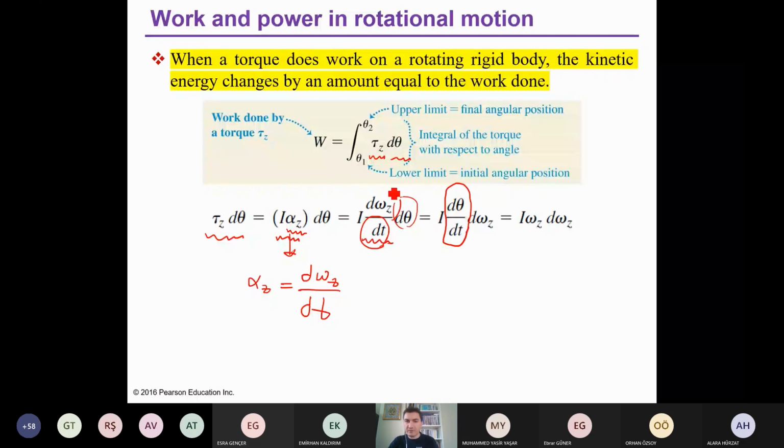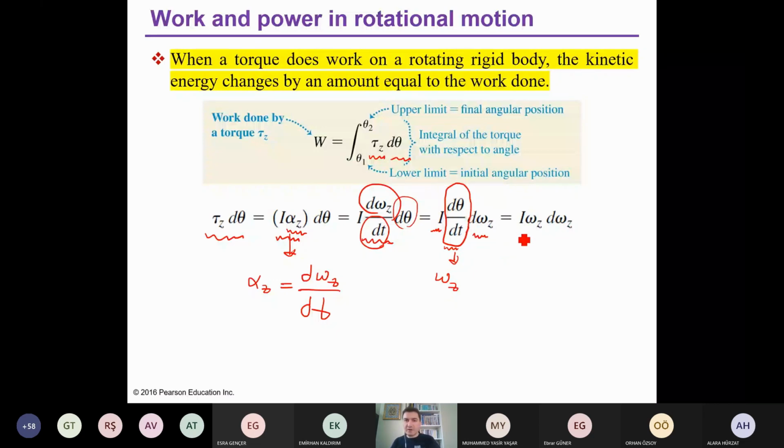What is this? This is angular velocity, right? We have done it in chapter 9. Now here we have moment of inertia, angular velocity omega z, and d omega z. We have this expression.